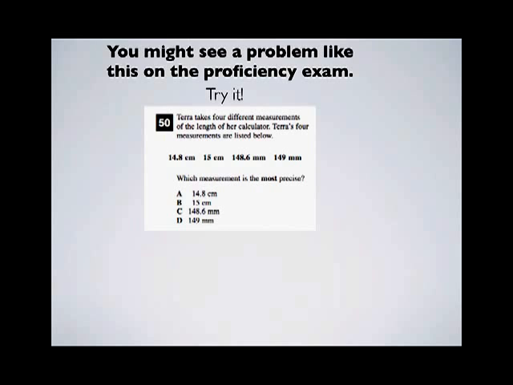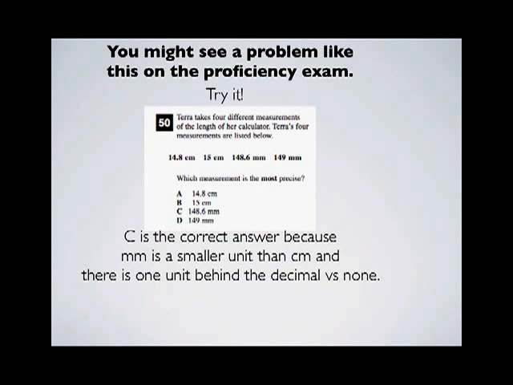Which measurement is the most precise? Again, we're looking for the smallest unit of measurement and the most number of digits behind the decimal point. So C is the correct answer, because millimeter is a smaller unit than centimeter, and there is 1 unit behind the decimal in answer C, none in answer D.